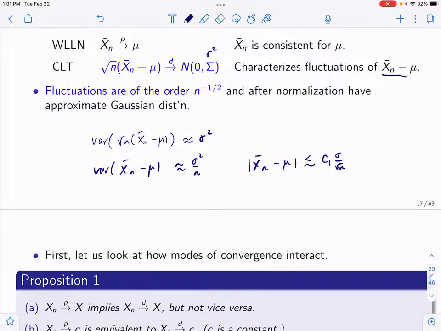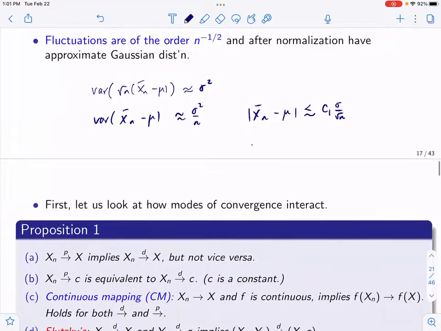So this holds with high probability. In other words, x bar n is approximately mu plus or minus O of sigma over root n. I'm going to put a p here because we'll see what that means. Basically, it's mu plus or minus fluctuations that are of order 1 over root n. You already know this for the sample mean because the variance is exactly this.